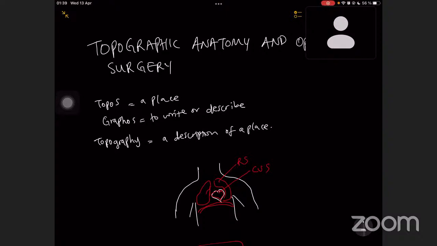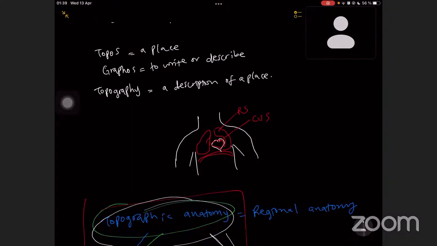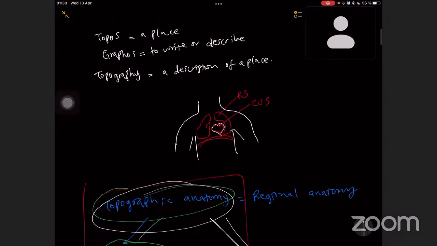Topos means a place. Graphos means to write or describe. Therefore, topography is the description of a place, and topographic anatomy is the science that studies the spatial interposition of all organs and tissues of the body in different systems and various regions of the body. Topographic anatomy is also known as regional anatomy.